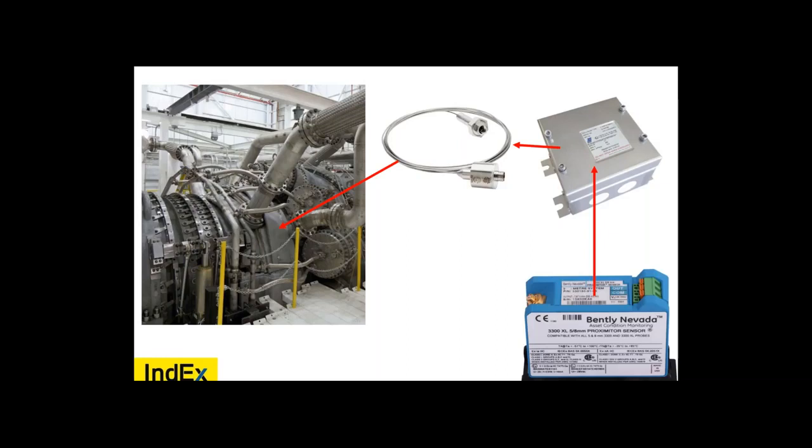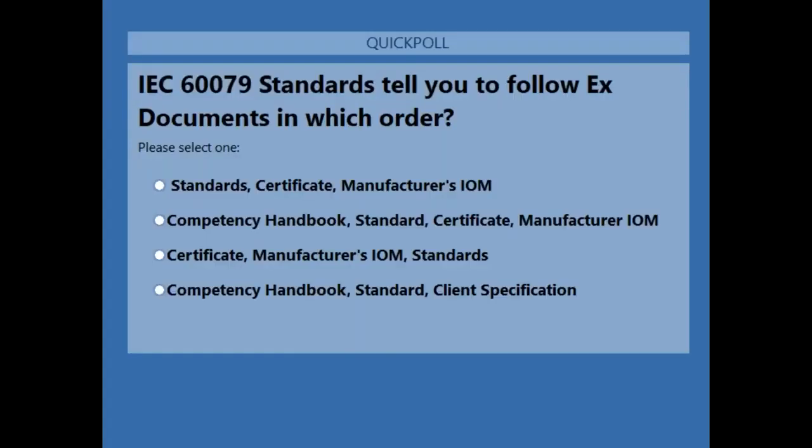Another question. So those who disagree, please tell me, as per the standards, what is the order of precedence? Which EX documents do you follow in which order? Do you follow a competency handbook? Do you follow the Compex handbook, or some other training body's handbook?